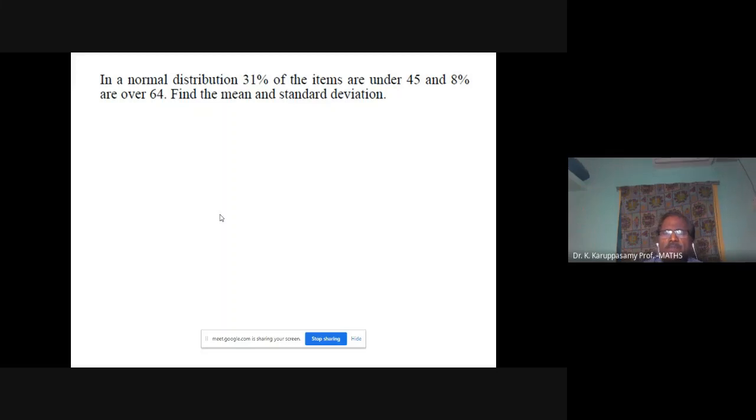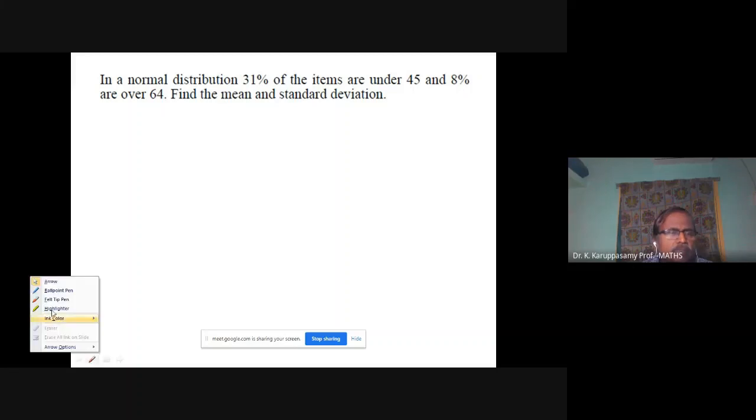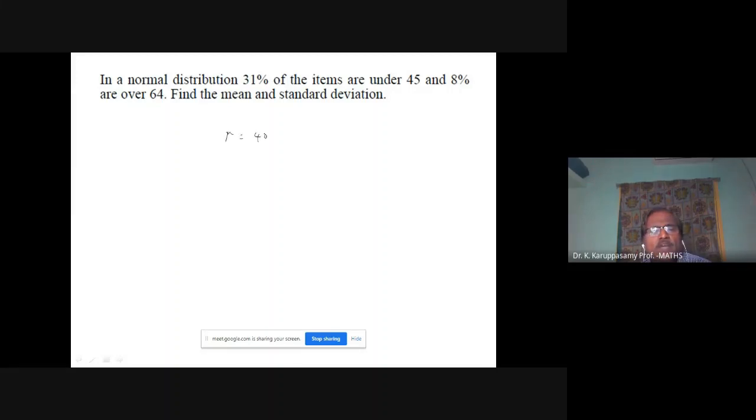Previously, in the previous cases, your mean will be given, mu equal to 40. Sigma will be given.